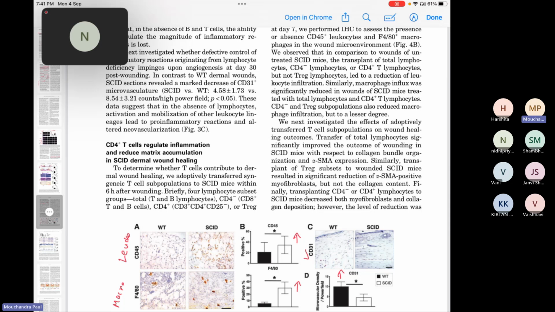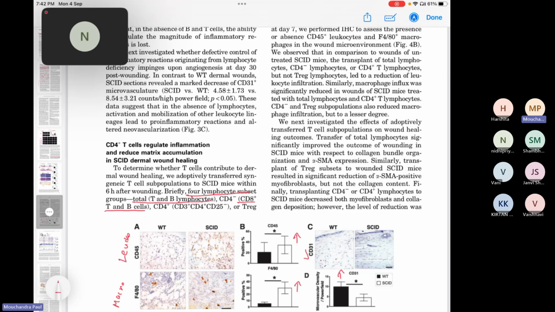So they made 4 groups of T cells. What are these 4 groups? One is the total lymphocytes, meaning all the lymphocytes, T cells, B cells, including all subtypes of the lymphocytes. Then another subset has CD8 T cells and B cells, with no CD4 cells.